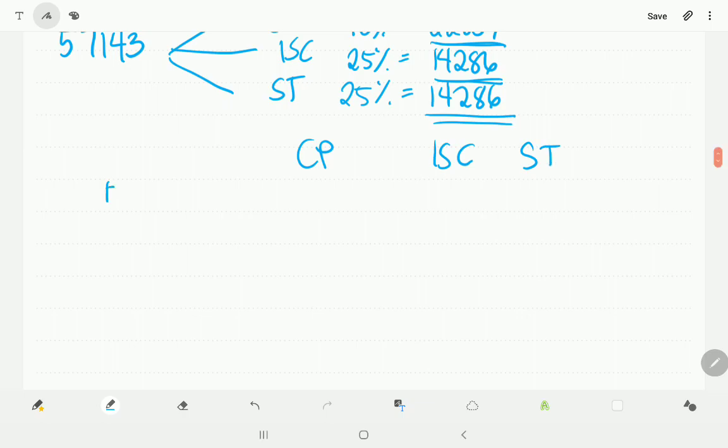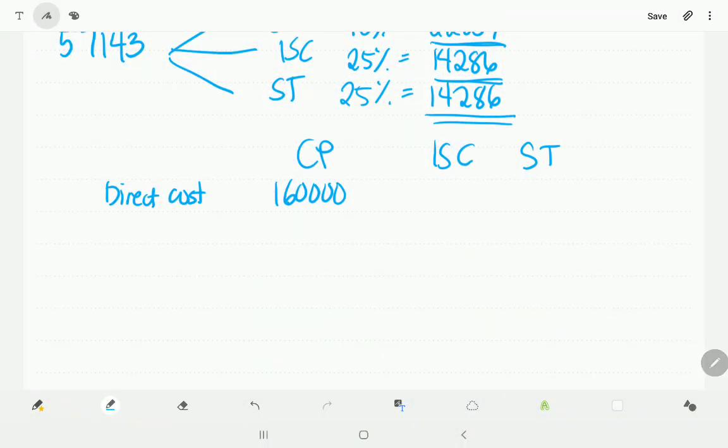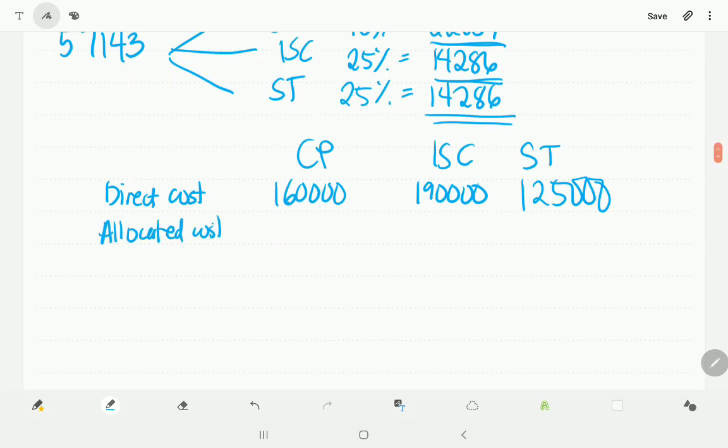Their direct costs are 160,000, 190,000, and 125,000, plus the allocated cost from the two service departments, Information Systems and Facilities.